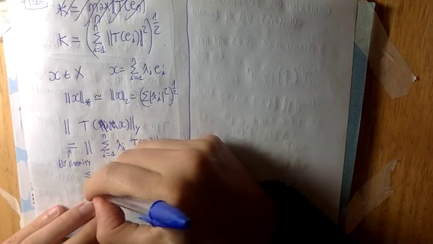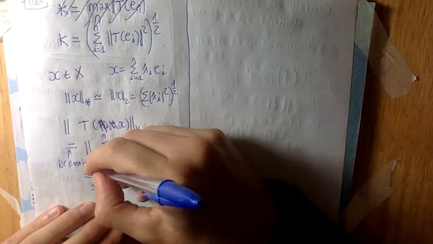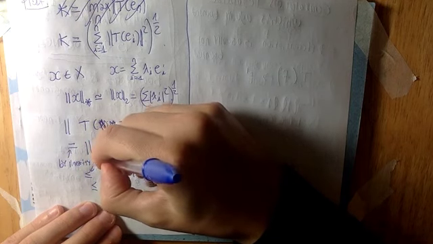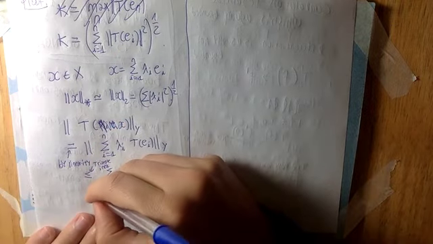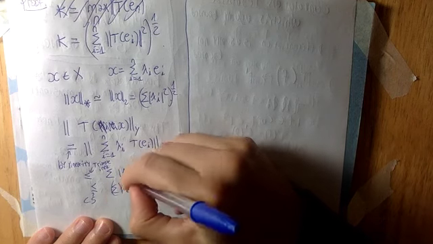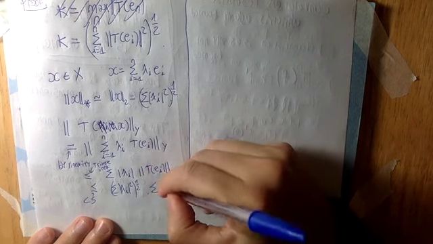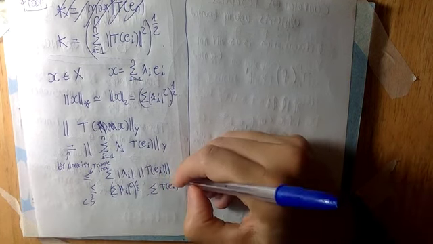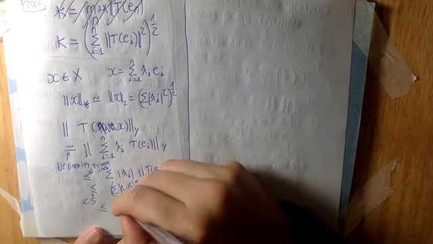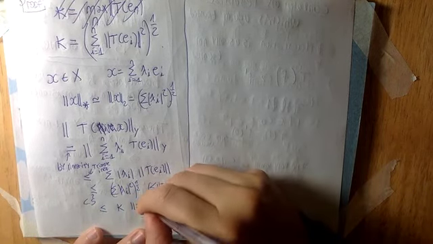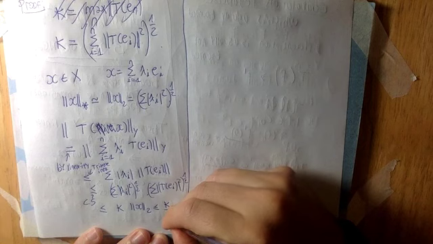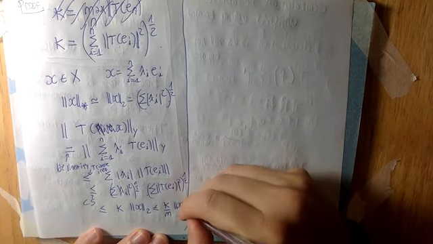Here is by the triangle inequality, and this by Cauchy-Schwarz. This is the sum of lambda_i squared to the 1/2 times the sum of the norm of T of e_i squared to the 1/2, which is less or equal than k times the norm of x_2, which is less or equal than k over the little m of the norm x star.